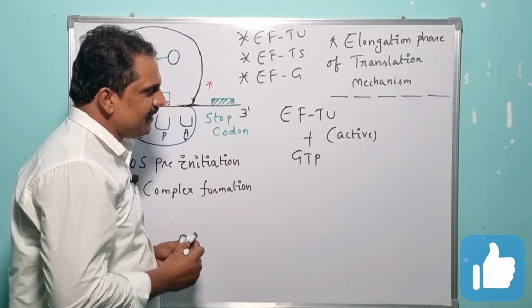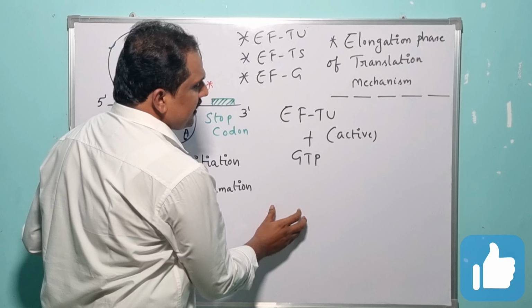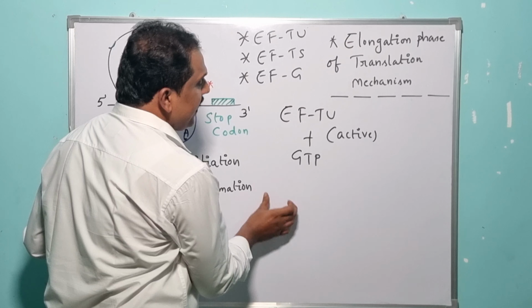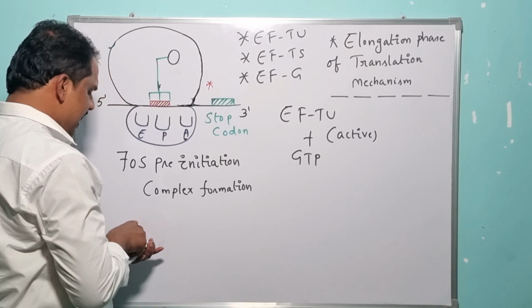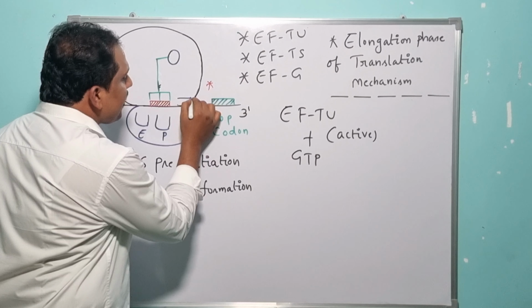Is it okay? So once EFTU remains in active conformation, it is capable of recruiting the amino acid tRNA with its encoding amino acid to the A site of the ribosome.